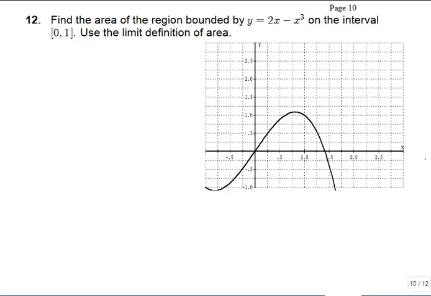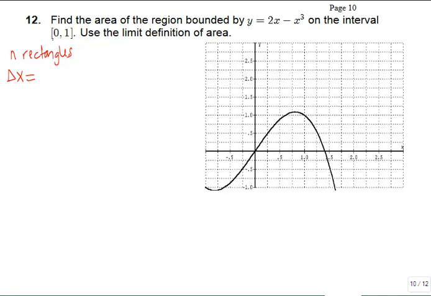So they're not telling us a specific number of rectangles to use here. We get to use just a general n. So we're going to use n rectangles, and we're going to make them all equal just to make our life easy.